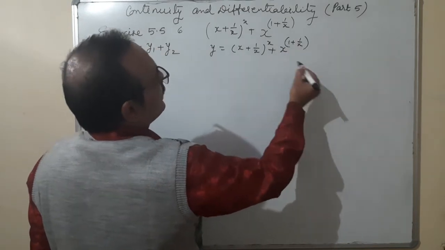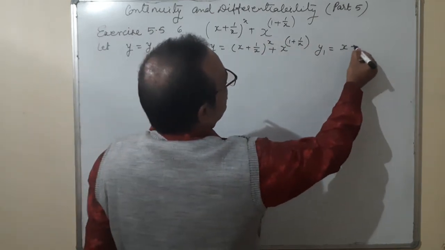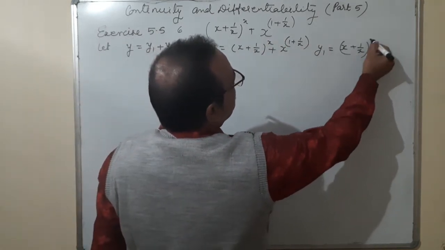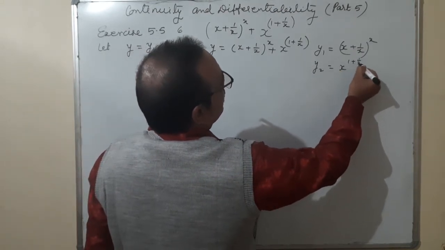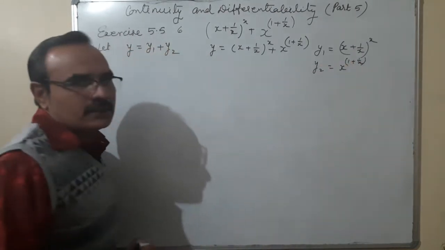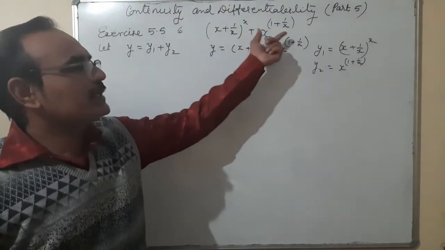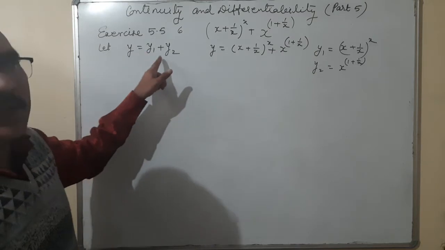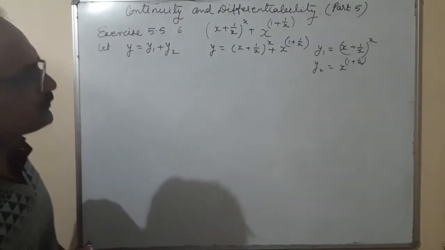This is the value of y. y1 is equal to (x + 1/x)^x, and y2 is equal to x^(1 + 1/x). Is that okay? These terms I have considered: total is y, first is y1 and second is y2. So y = y1 + y2. Agreed?